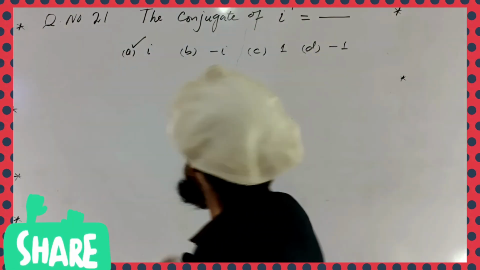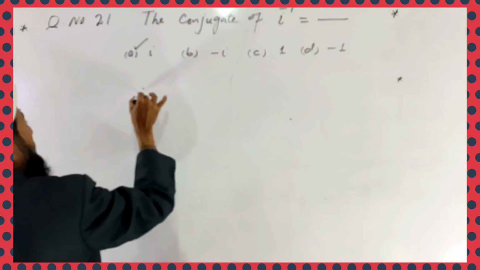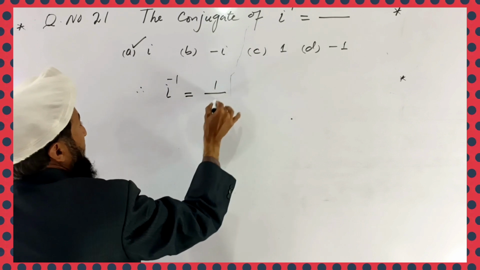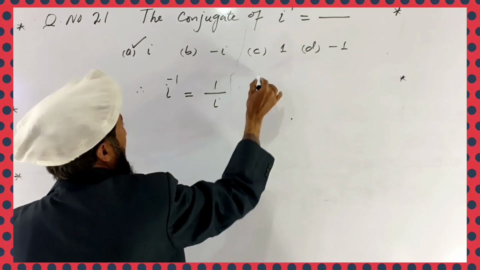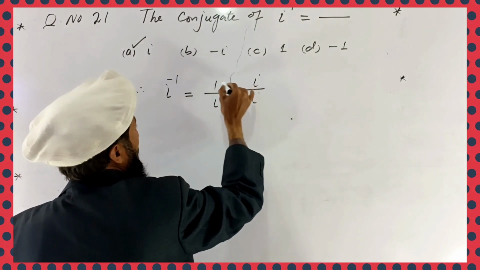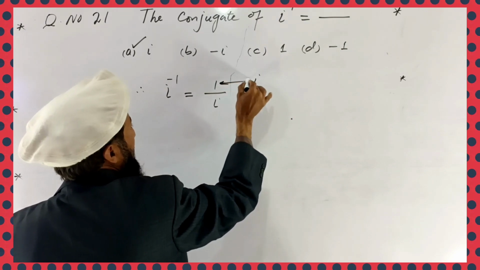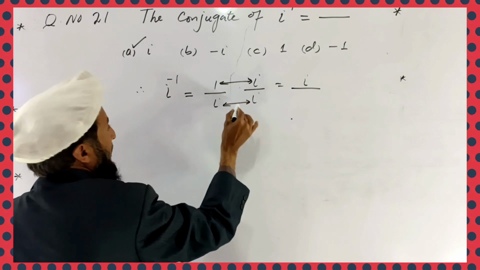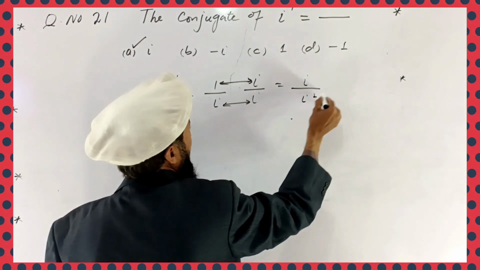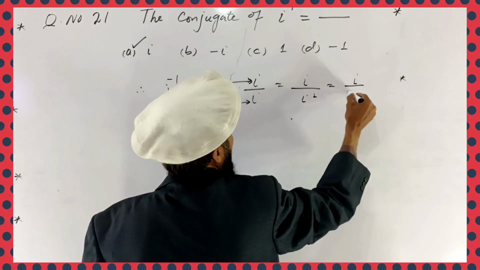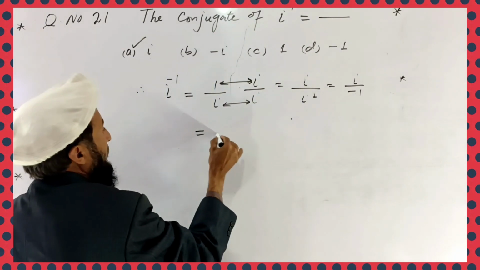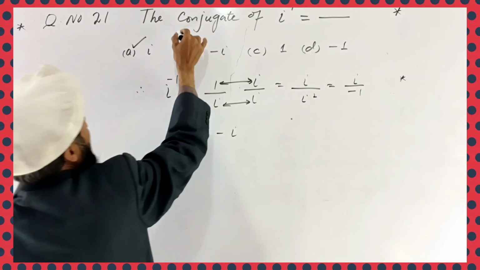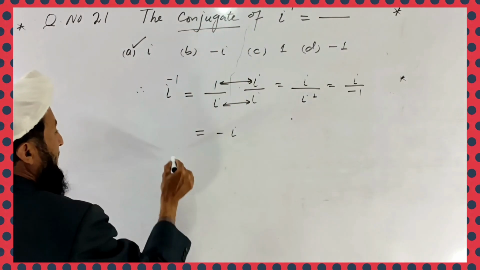How? If we solve iota to the power minus 1, we can write 1 over iota. Multiplying and dividing by iota, the numerator gives iota and the denominator gives iota square, so iota divided by minus 1 is equal to minus iota. But here the conjugate is required, so the sign is changed.